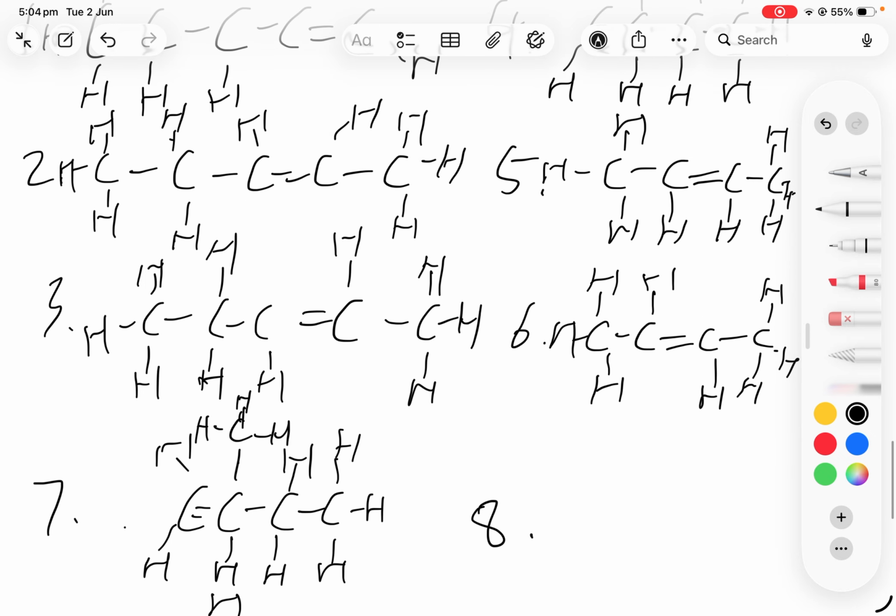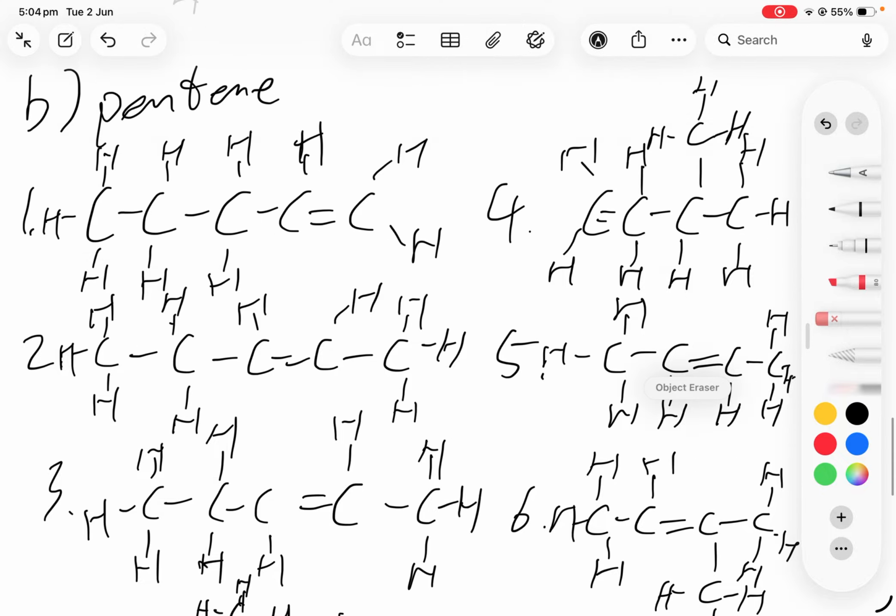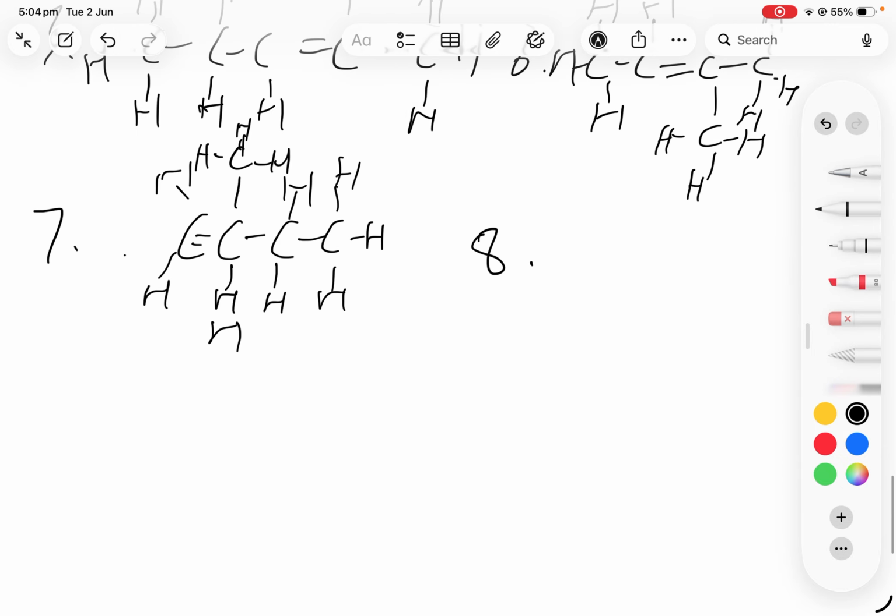These two can have different ones as well, but they do have to be in the middle. So that's not that bad. It's just one of the hydrogens becomes a carbon. That's it for the alkenes.